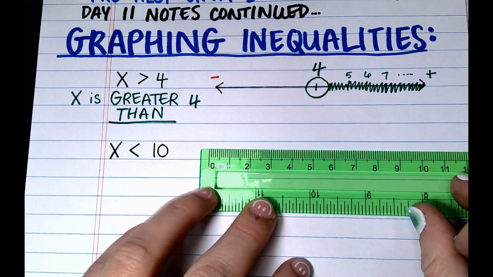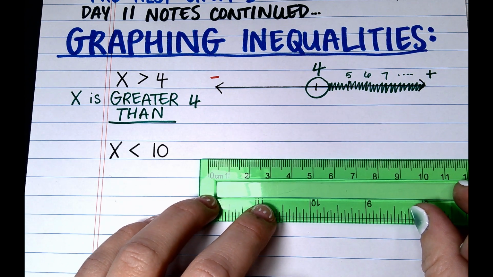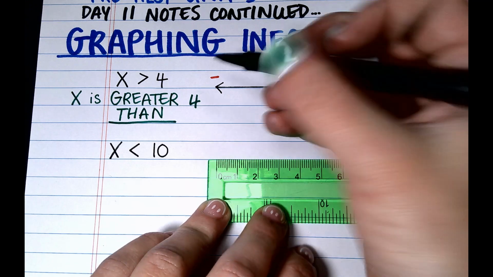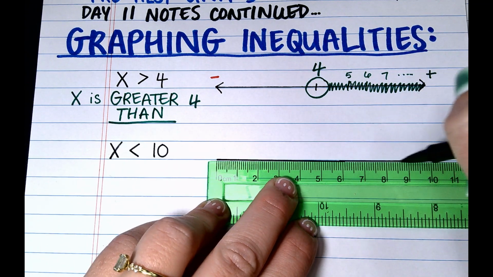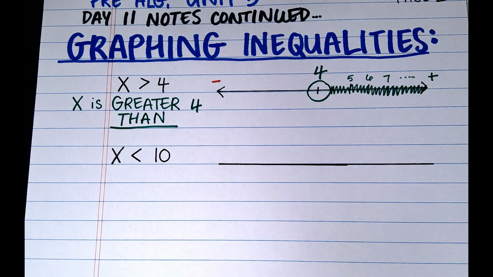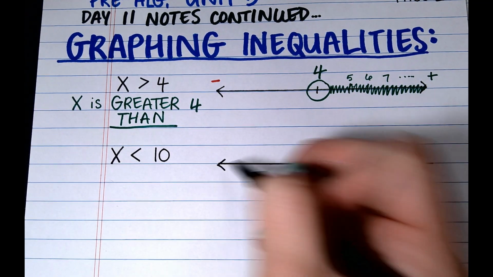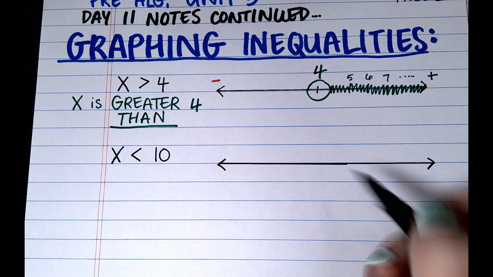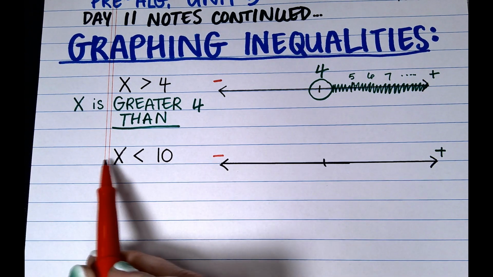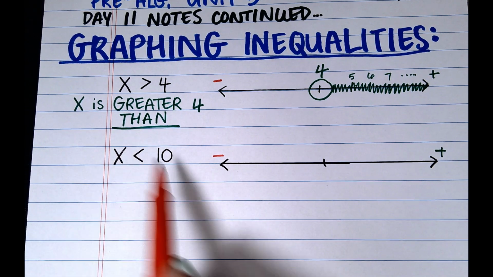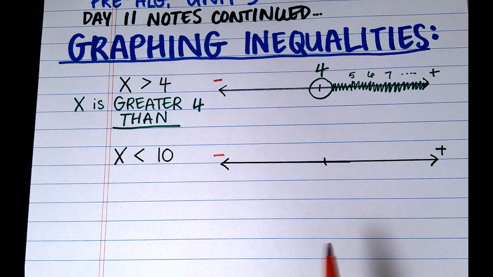I'm going to make a line, and arrows on the ends, and a tick mark in the middle. My minus and my plus. And then I'm going to write out the word version of this. X is less than 10.